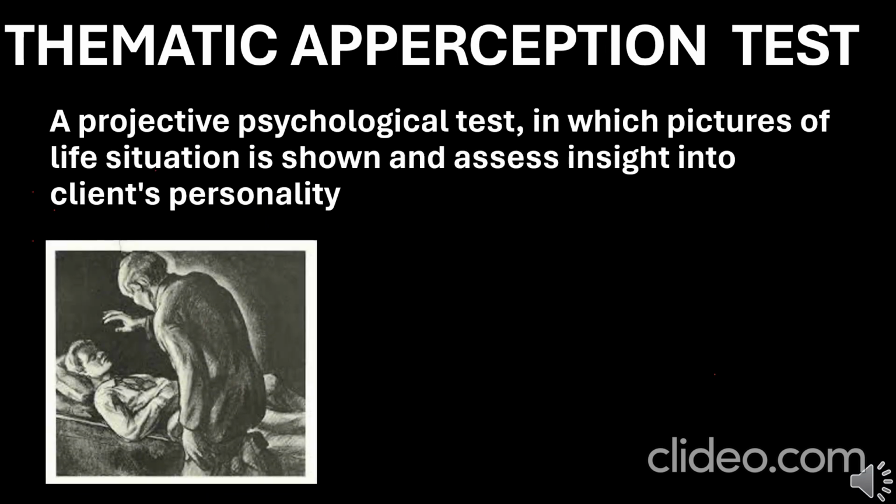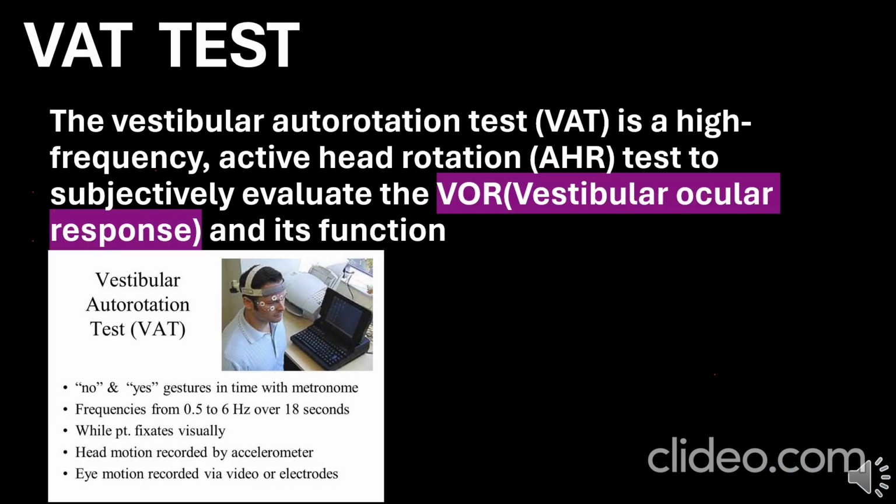Thematic apperception test. A projective psychological test in which pictures of life situations are shown and assesses insight into client's personality. Watt test or the vestibular auto-rotation test is a test to subjectively evaluate VOR, vestibular ocular response, and its function.